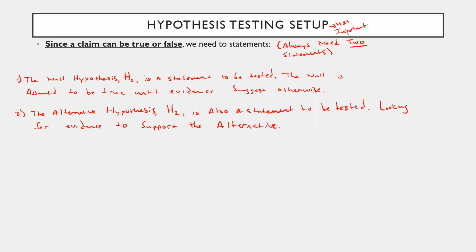It seems weird, right? Like, Matt, what do you mean we need two statements? Why? What is this null, some base assumption, and then what is the alternative? This is kind of weird.